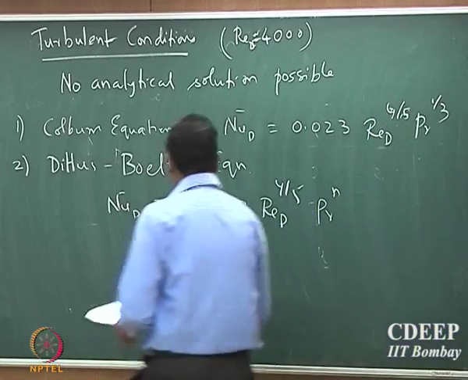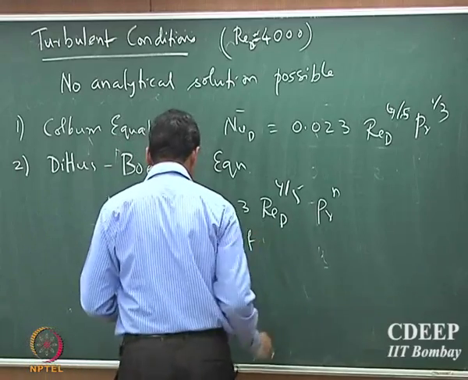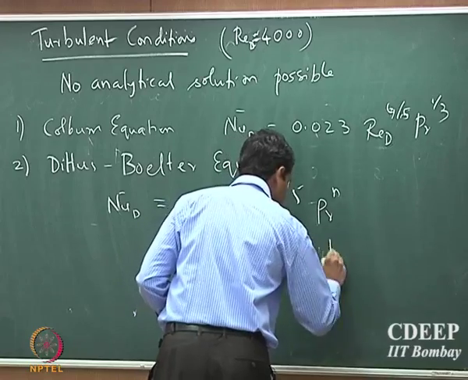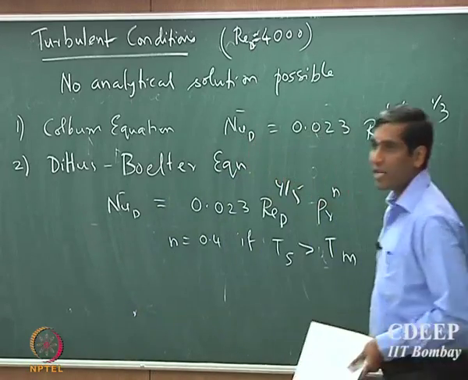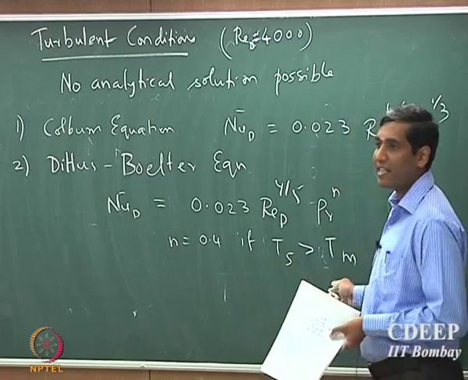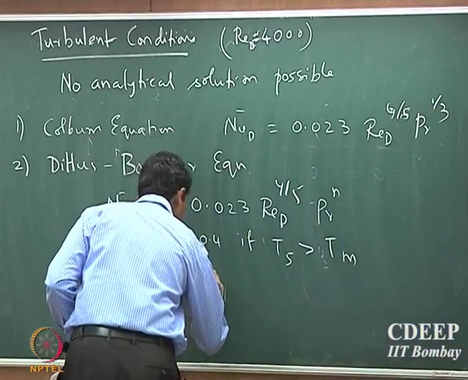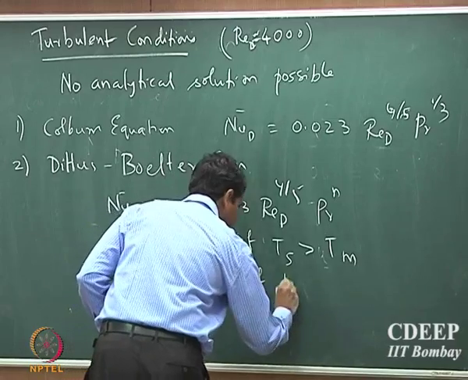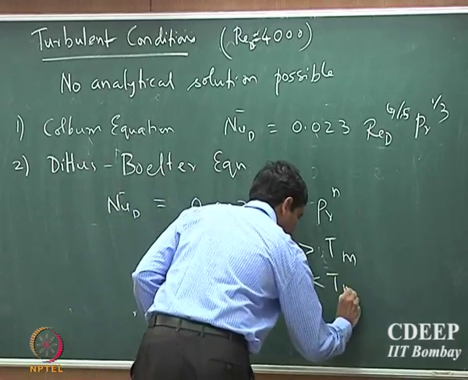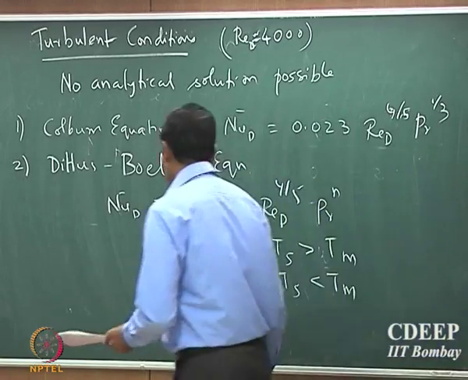Okay, so n is 0.4 if Ts is greater than the mixing cup temperature at any cross section. So which means that there is net heat that is gained by the fluid, and it is 0.3 if Ts is less than Tm. Okay, and of course there is some validity range.